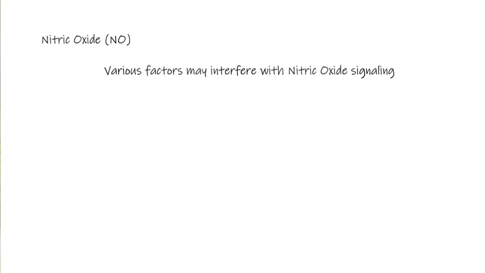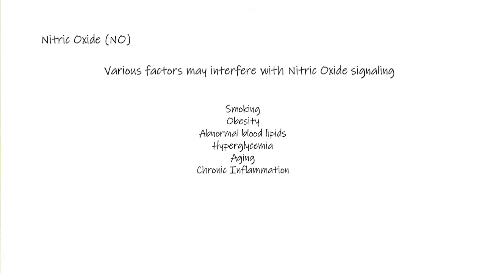I want to briefly mention endothelial dysfunction because it offers a useful link between normal physiology and cardiovascular disease. Several cardiovascular risk factors are linked to reduced nitric oxide bioavailability and impaired endothelial function. These include cigarette smoking, obesity, abnormal blood lipid levels, hyperglycemia that we may see with insulin resistance or diabetes, aging, and chronic inflammation.